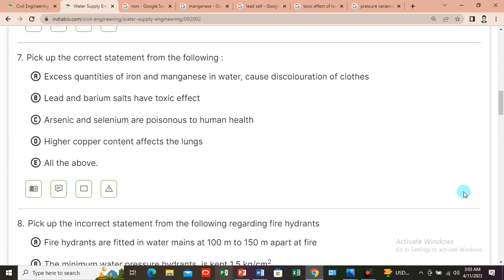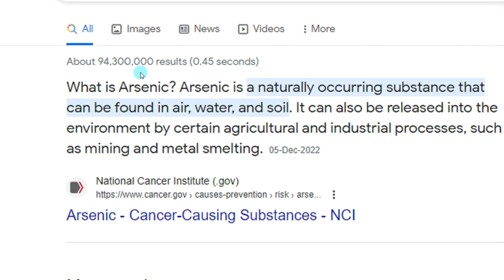So option C is arsenic and selenium. Both arsenic and selenium are poisons to human health. So what are these? The bad guys. Let's discuss that. Arsenic is a naturally occurring substance that can be found in air, water, and soil.